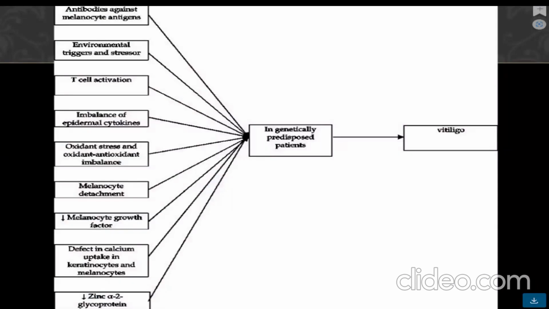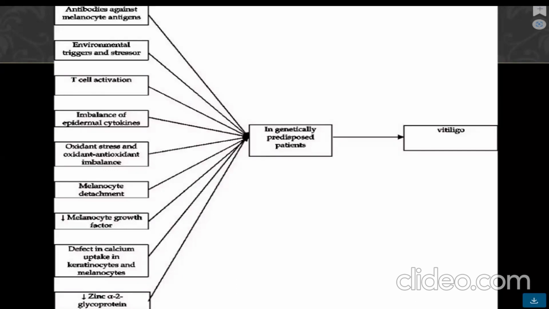So these are, in short, triggering factors or causes: antibody formation against melanocyte antigens, environmental triggers and stressors, T-cell activation, imbalance of epidermal cytokines, oxidant stress and antioxidant imbalance, melanocyte detachment, decreased melanocyte growth factor, defect in calcium uptake in keratinocytes and melanocytes, and decreased zinc alpha-2 glycoproteins.